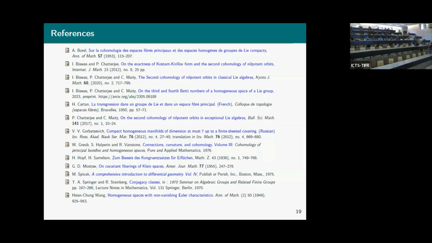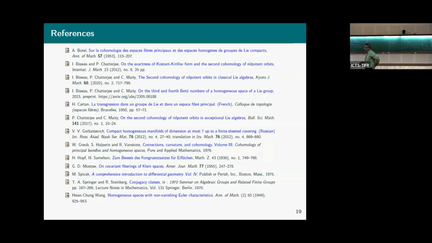Is it related to the fact that for any simple Lie algebra g, you have a degree 3 element in the cohomology? Yes, there are these Killing forms which give integer forms.